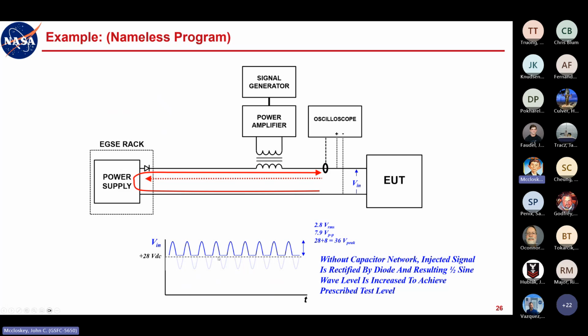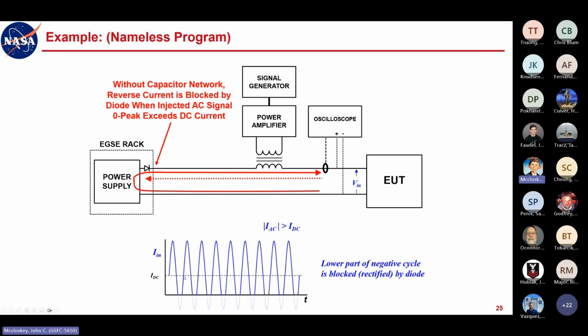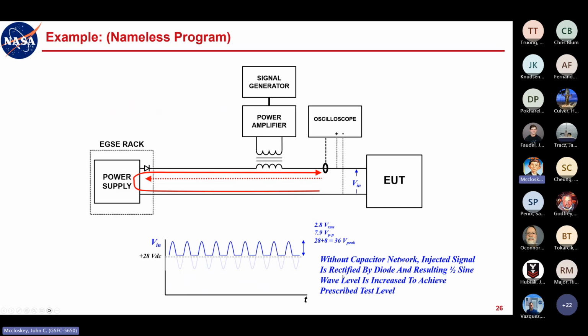half of a sine wave, or really maybe a little more than half a sine wave, but it's a fractional sine wave. And so now your control loop is going to increase the injected level to try to get to the desired test level, depending on how you're monitoring it. I think in previous days we used a power meter as part of the control loop, or even if you're using a scope, which we do now, you set it up to give an RMS voltage, and it's just that number that's fed to the control loop.